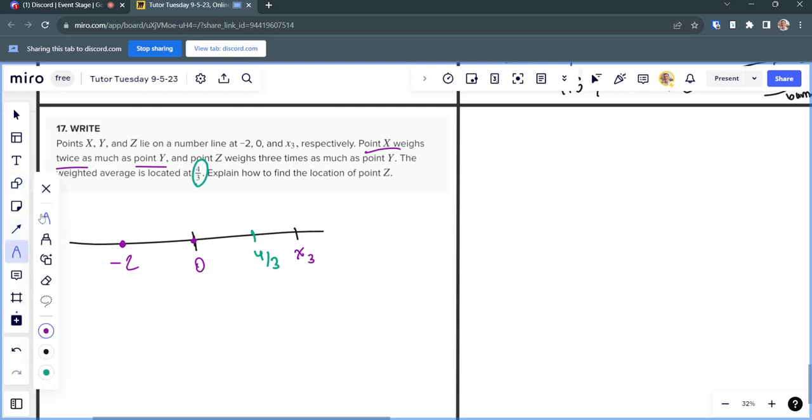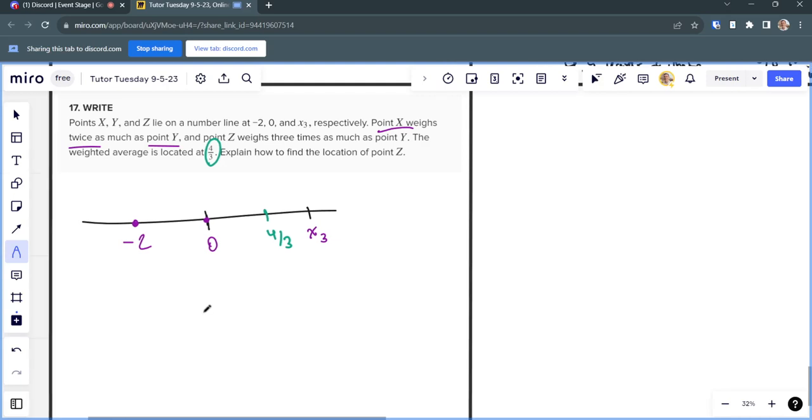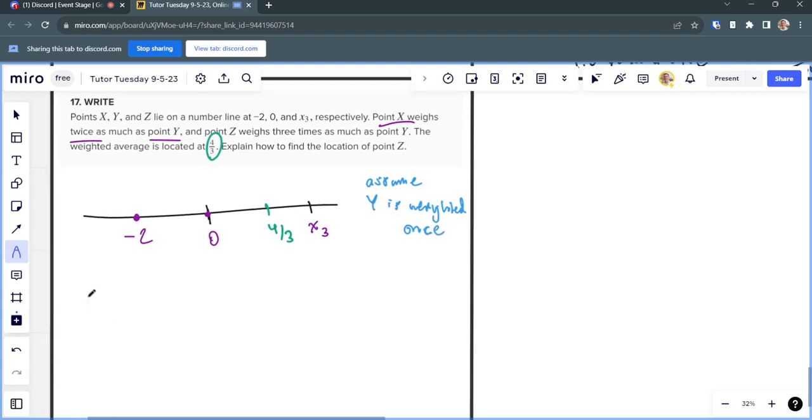Let's see. I'm going to try to write an equation here. Don't know if that'll get us anywhere, but hopefully it does. I'm going to assume that y is weighted once. So then, like in an average equation, normally you have a plus b plus c over 3 equals the average.